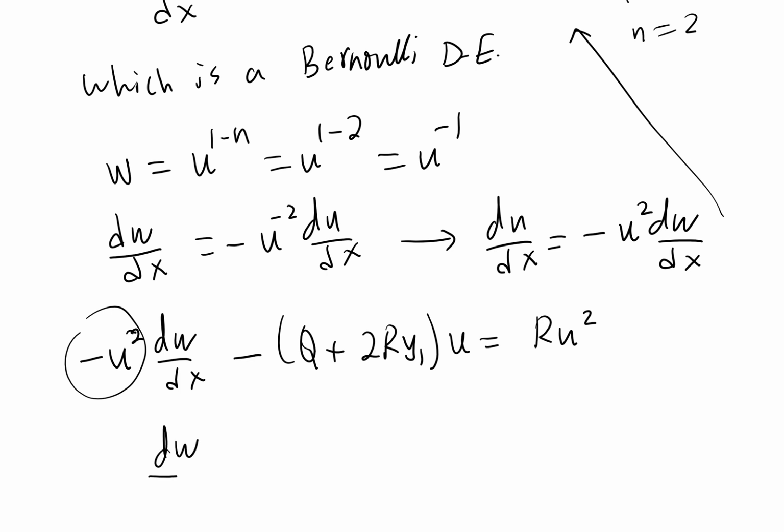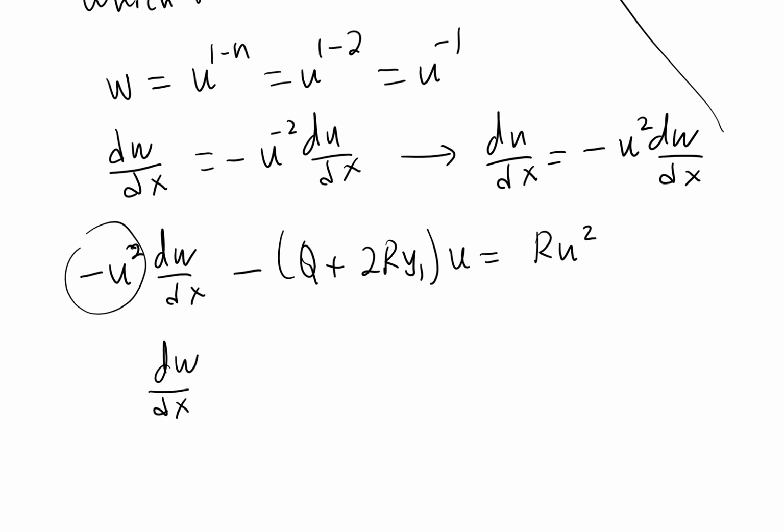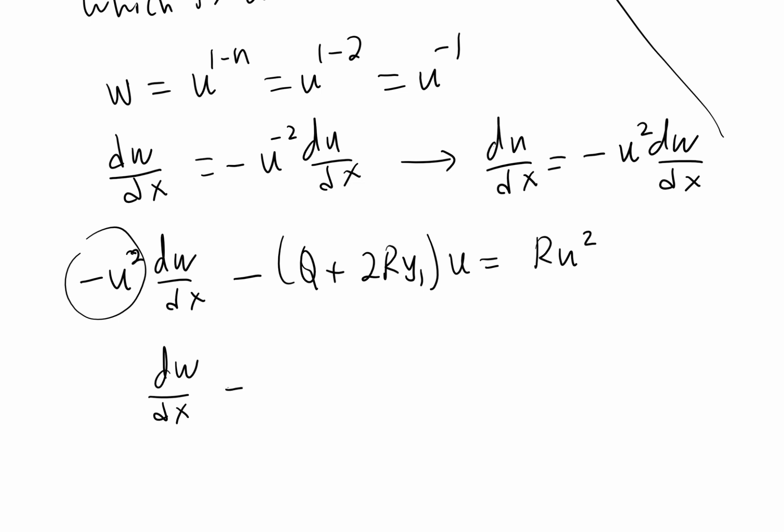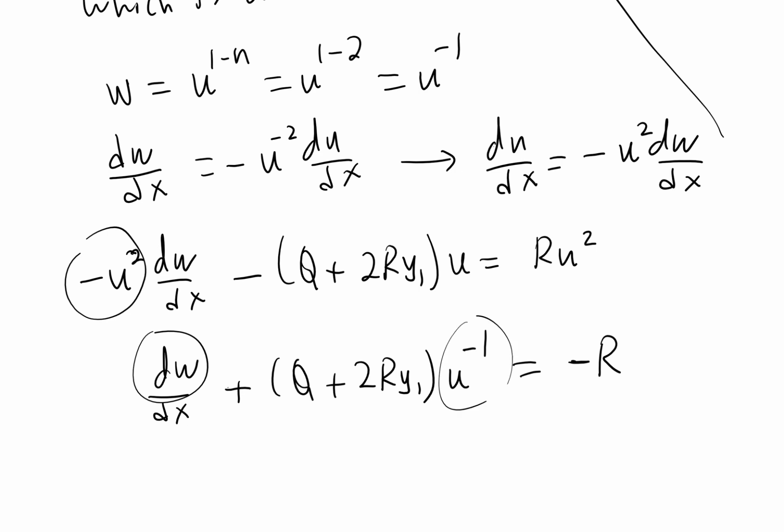That gives us dw/dx plus q plus 2r y1 times u to the negative 1 equals negative r. But notice I have dw, so I expect this to be in terms of w.